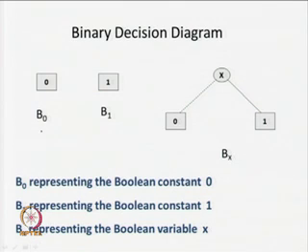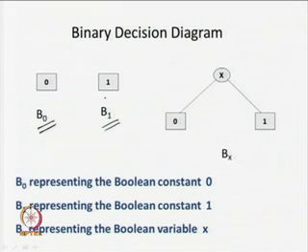So, this is B0, a terminal node labeled by 0, which represents the Boolean constant 0. Similarly, we have the binary decision diagram B1, which represents the Boolean constant 1. That means this is just a box with 1 written in it. So, B1 says that this is the Boolean constant 1, and B0 says that this is the Boolean constant 0.